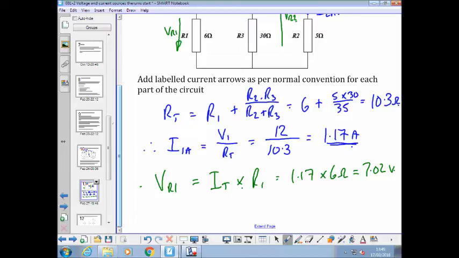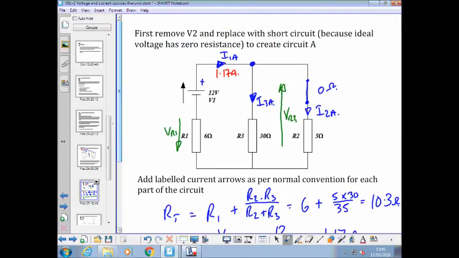Therefore, VR2. We've got a voltage loop here. Remember what we did before? One clockwise arrow, two anti-clockwise arrows. So these two must add up to that one. So we know that one. If we take this VR1 away from that 12 volts, we must have VR2.